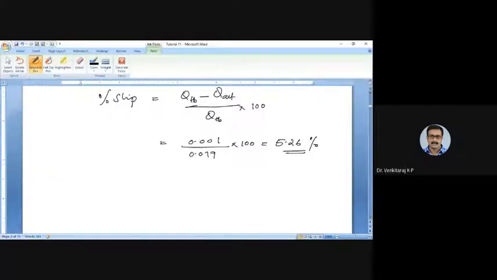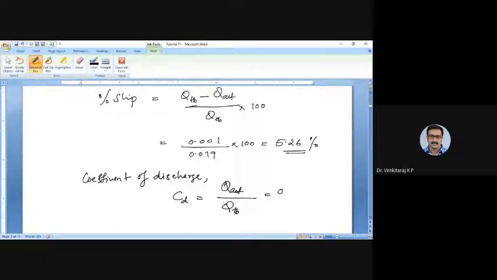Now the coefficient of discharge Cd can be calculated by taking the ratio between Q actual and Q theoretical.